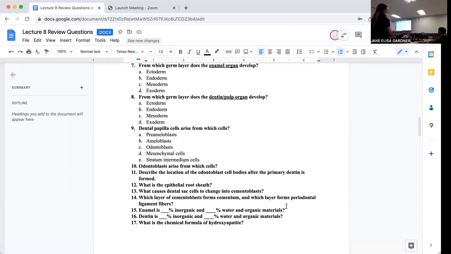They deteriorate once radicular dentin starts to form, the epithelial root sheath cells. Those would turn into enamel if they didn't deteriorate, but since enamel is not underneath the gum, it kind of looks like Swiss cheese instead, and then the cementoblasts come in and fill in those holes, and that's why you have cementum instead of enamel on the outside layer of the root.